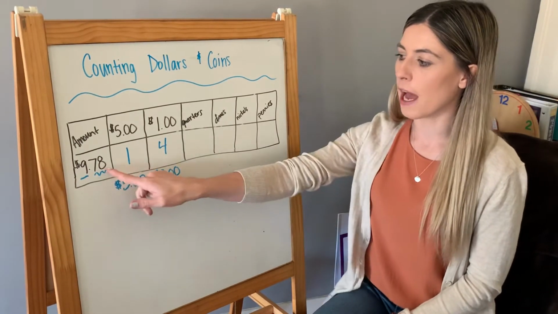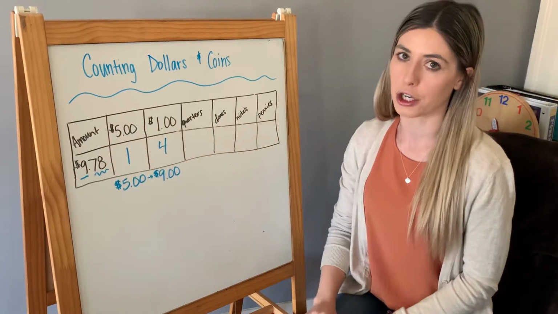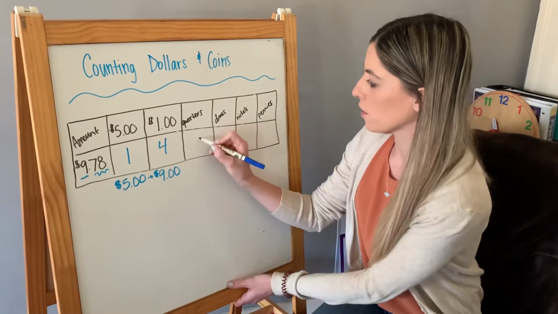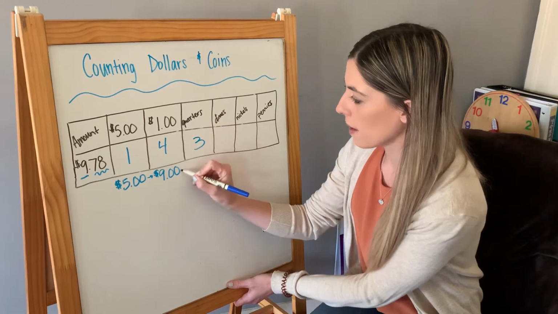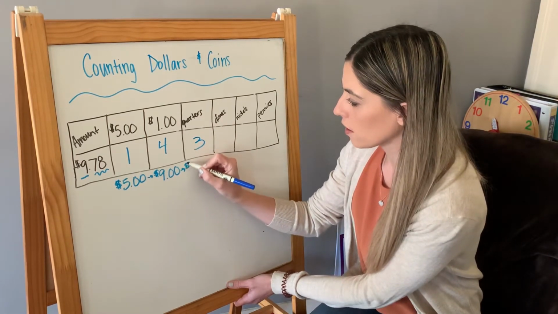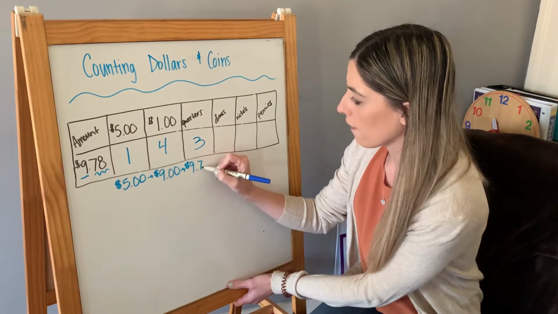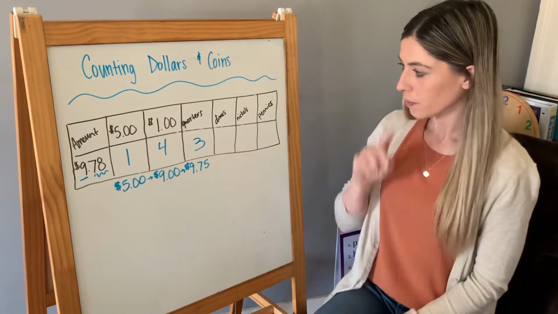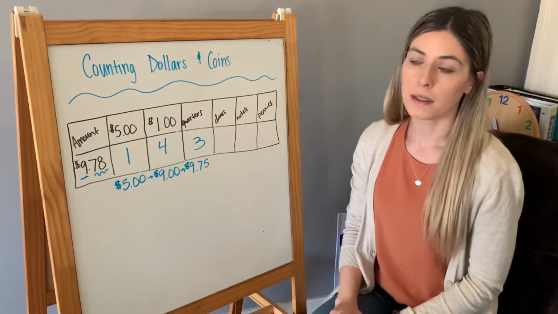And 75 is just a few cents under 78. So I'm going to use 3 quarters, and now my total is $9.75.